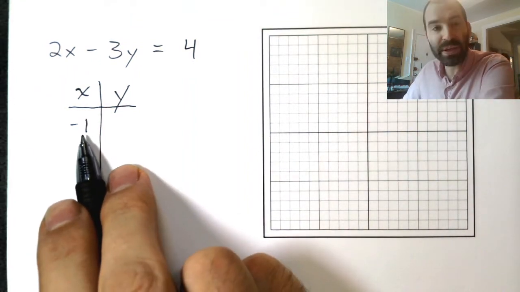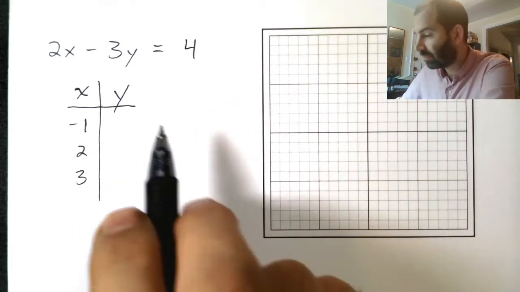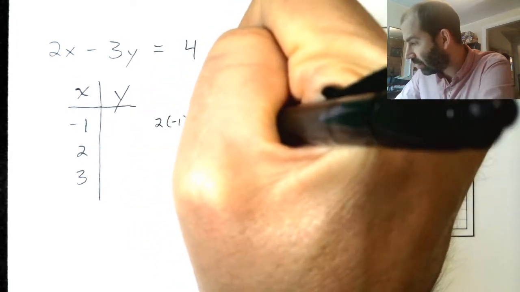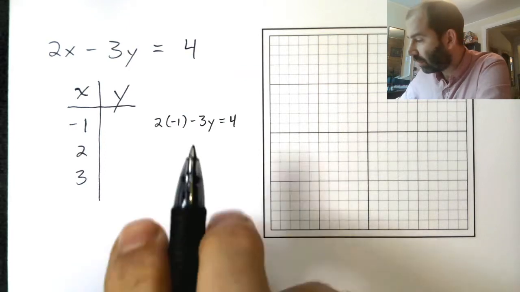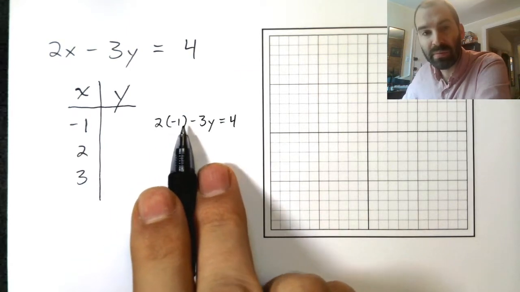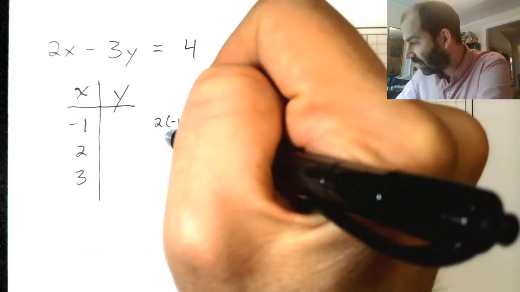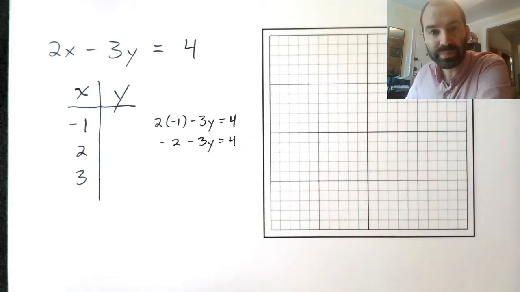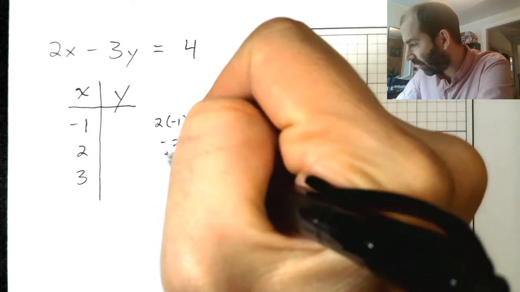Okay, and let's see what we get. So if I let x be -1, what would the y end up being? Well, I'm going to have 2 times -1 minus 3y equals 4. This is -2 minus 3y equals 4. Now, I'm solving for y here, so let's add 2 to both sides.